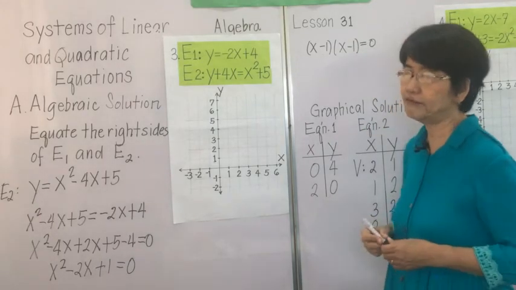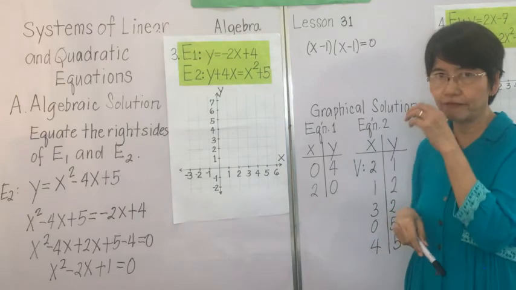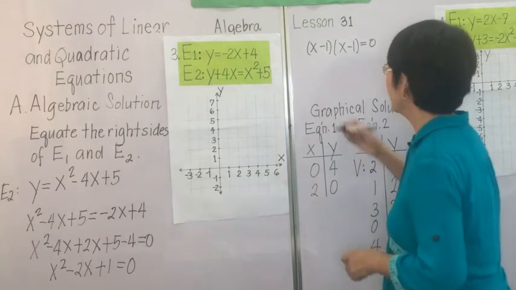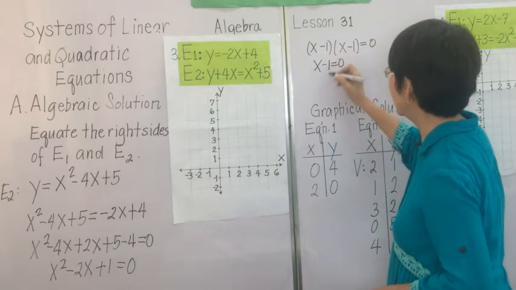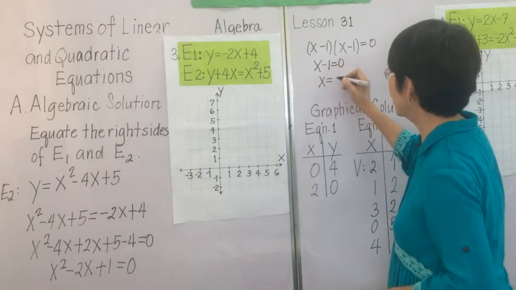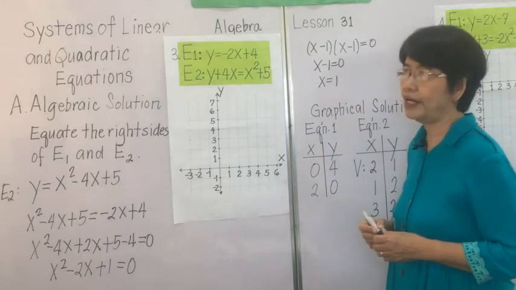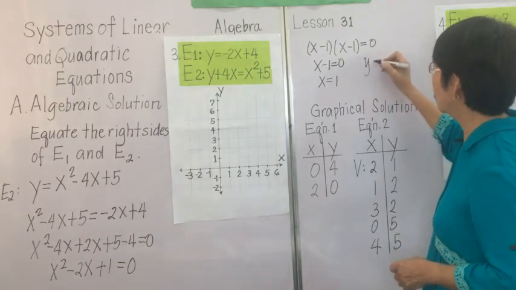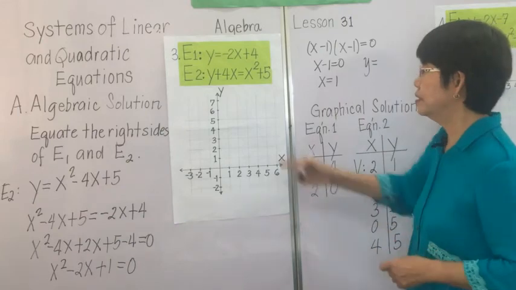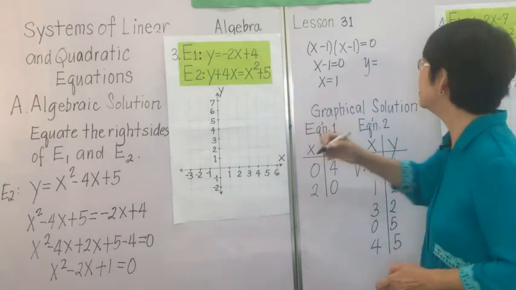Since we have the same factors, we have only one solution here. We have x minus 1 equals 0, or x is equal to 1. And solving for y, we will use equation 1.